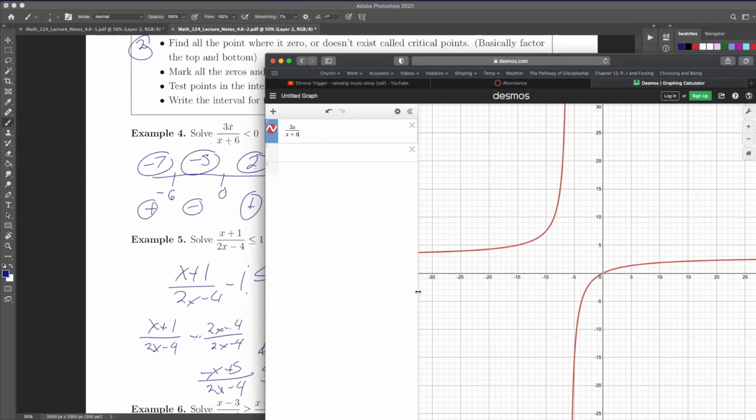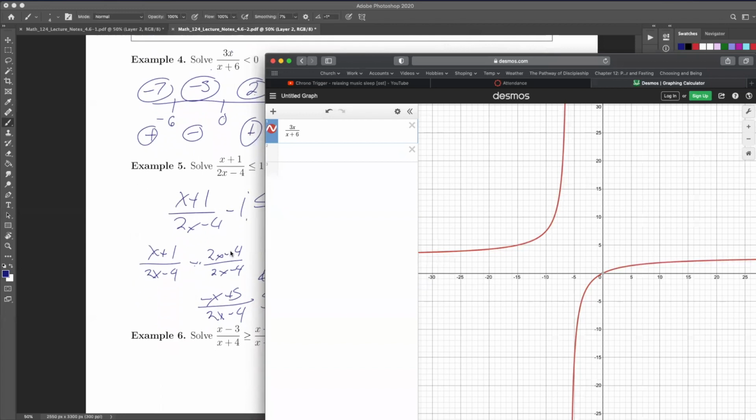And so, while it's not like a nice clean polynomial, here it swaps from positive to negative, right? And so there is a swap there at the critical point. Here, when the top is 0, I'm just crossing the line, and this looks more like the polynomial 0. But does this match what we have here? Positive until -6? Yep. From -6 to 0, negative? Yep. And from 0 onward, positive? Yep. Right, so this looks exactly like what we did.